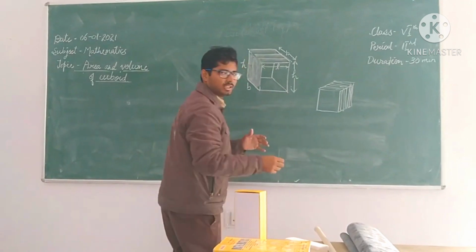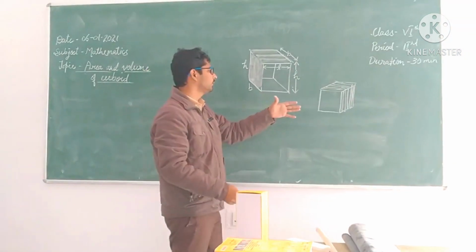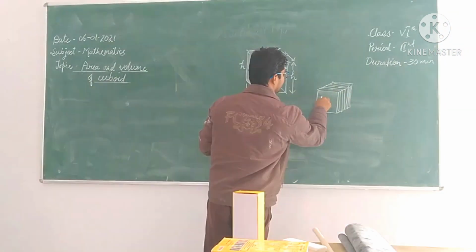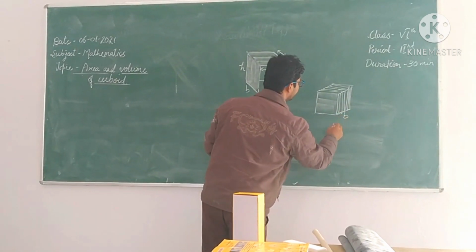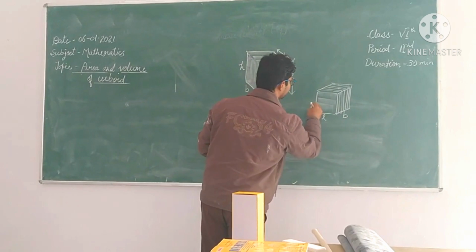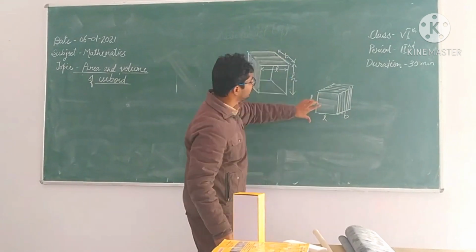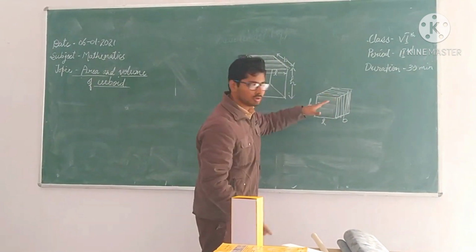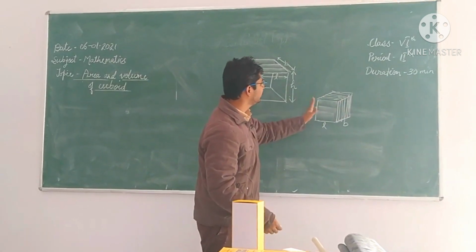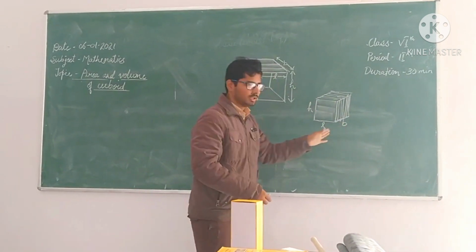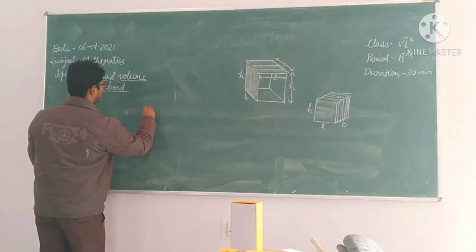We will take the area of any face, let's say the front face, into the remaining side. This is breadth B, this is length, this is height. So the volume will be the area times breadth. How many times will the face be? B times will be the face, and that will be the volume.